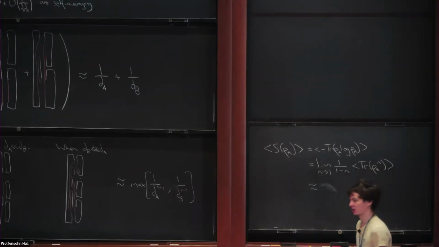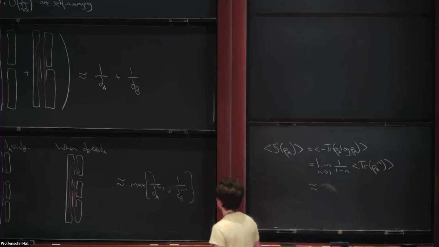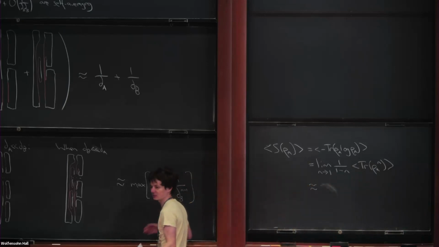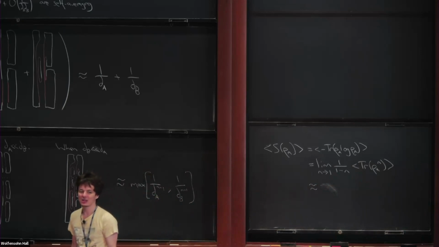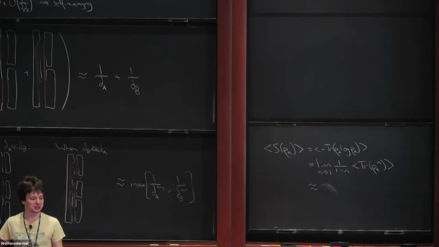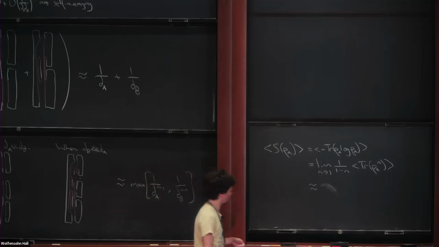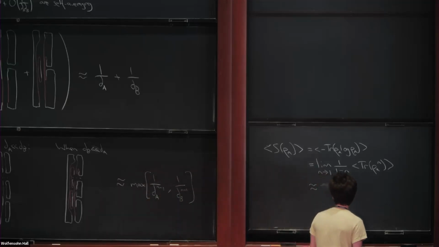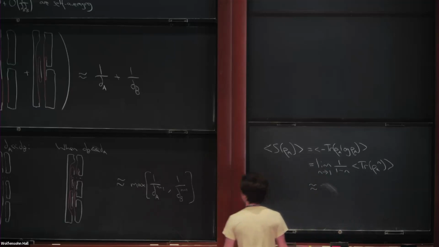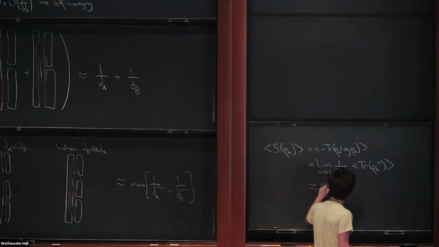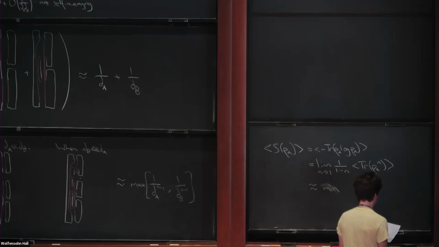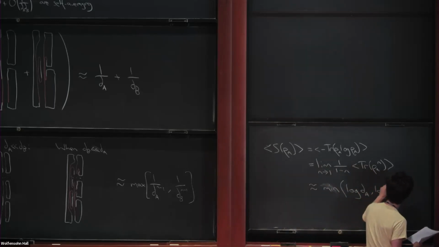If we just consider these two cases separately, each of these formulas is some nice analytic function of n. We only computed them for integer n, but we can just assume that the simple, nice analytic continuation works, where we take this power law and make n non-integer, and then it's easy to tell. This is going to end up giving us an answer of min of log dA, log dB.